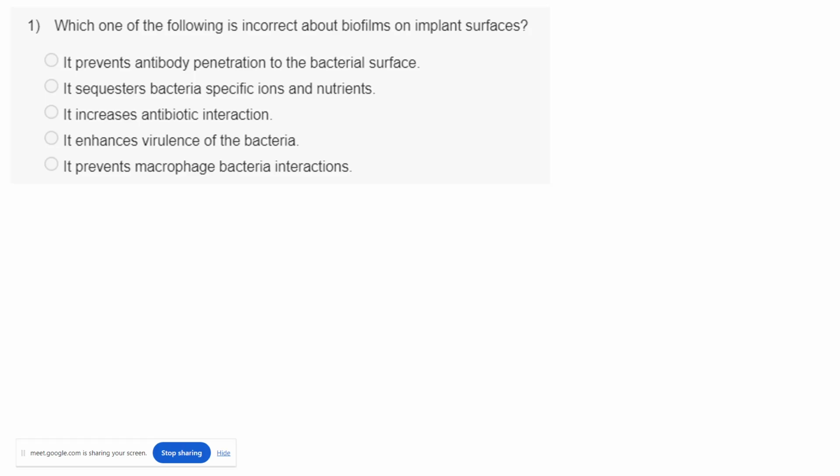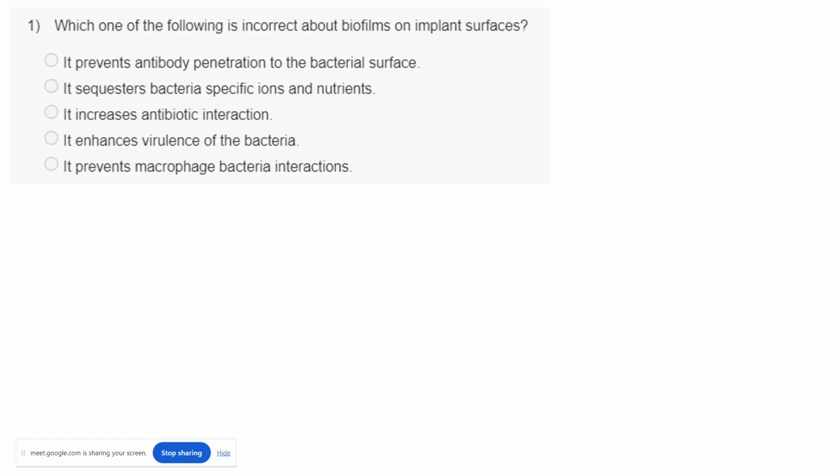The question is, which one of the following is incorrect about biofilms on implant surfaces? It prevents antibody penetration to the bacterial surface. It sequesters bacteria specific ions and nutrients, increases antibiotic interaction, enhances virulence of the bacteria, prevents macrophage bacteria interactions.